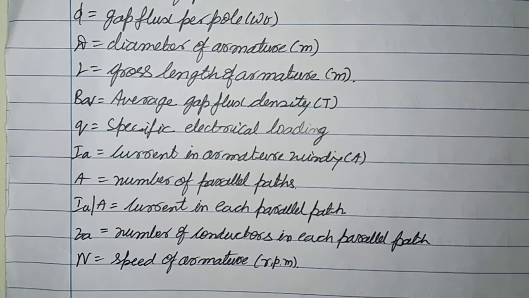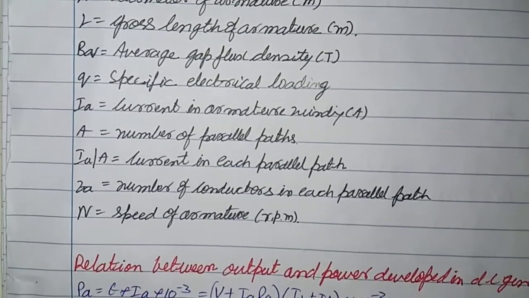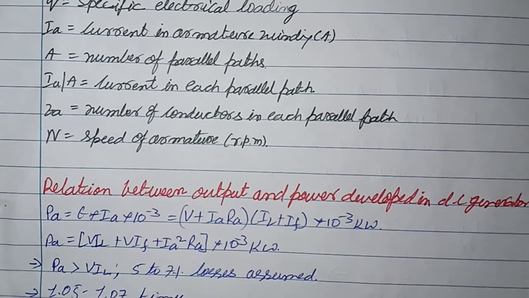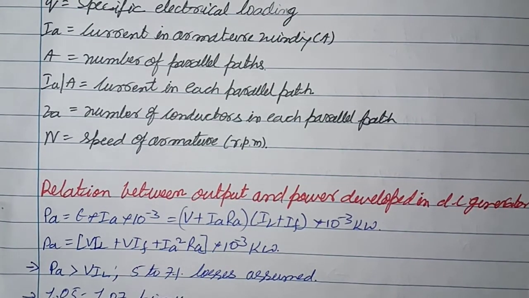Next we'll see the relationship between the power developed and the output in a DC generator and a DC motor, because we have just taken it as a DC machine. First, the relation between output and the power developed in a DC generator. PA is equal to E into IA into 10 raised to minus 3 kilowatt.